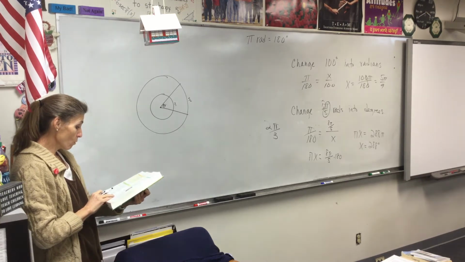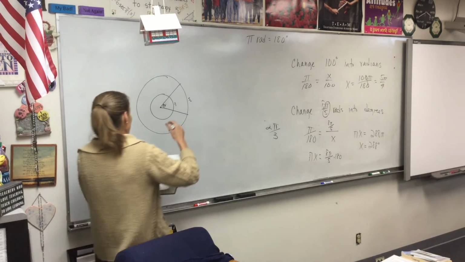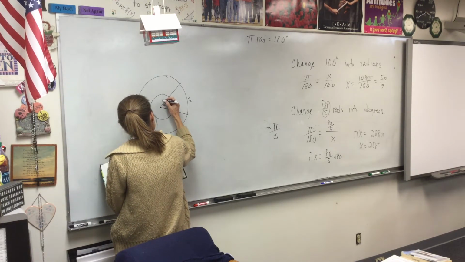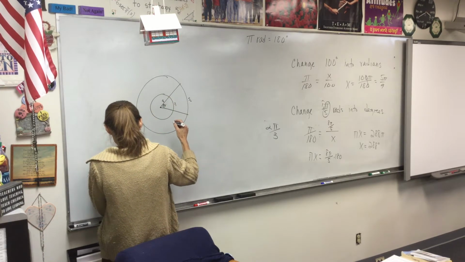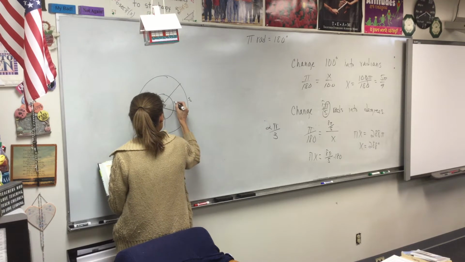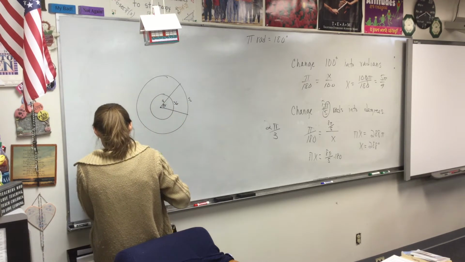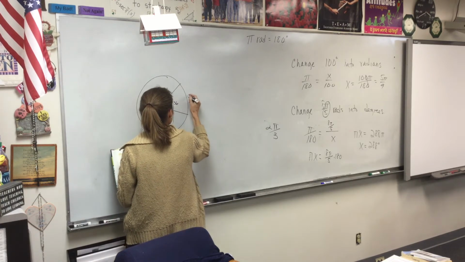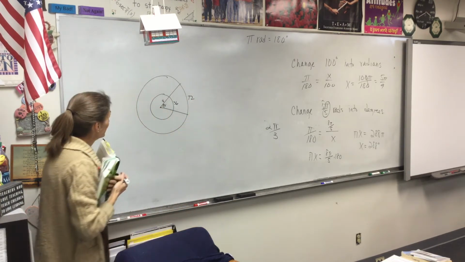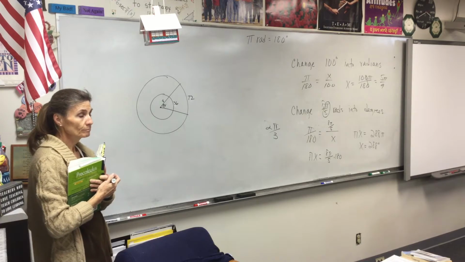In number 34, we know that the little radius is 8 and the little arc is 36 and the big arc is 72. That's the given.